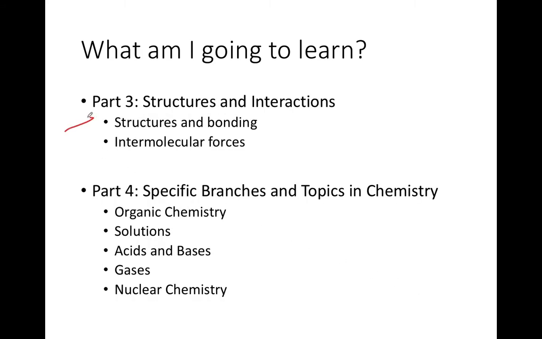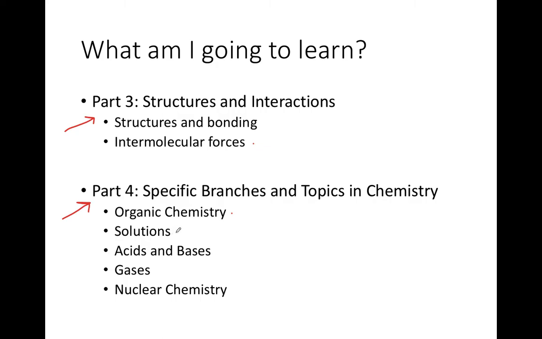In the third part of this term, we'll be looking at structures and interactions of molecules. So what are their structures, how do they bond, and how do they interact with other things going on nearby. And then lastly, in the fourth part of this term, we'll be looking at specific branches and topics in chemistry. So organic chemistry: if you've ever watched a movie of chemists or they had chemistry going on, you see all that crazy glassware in the background.